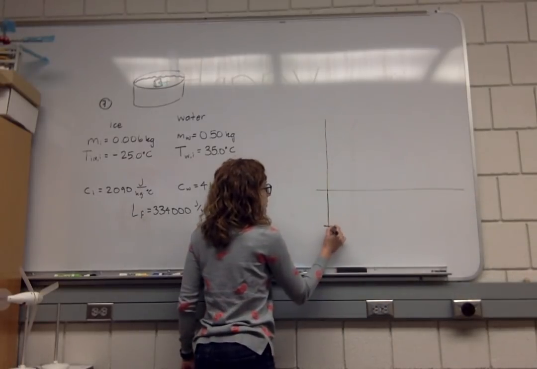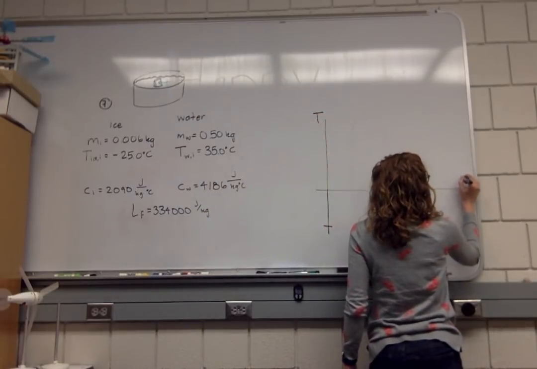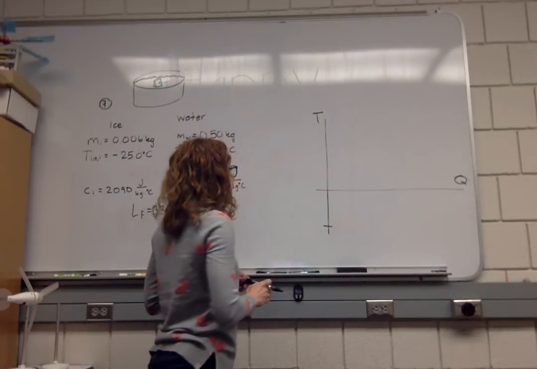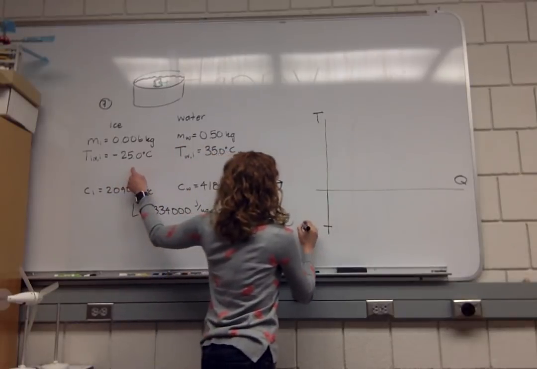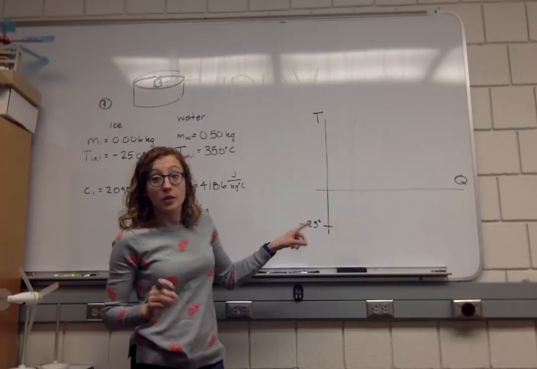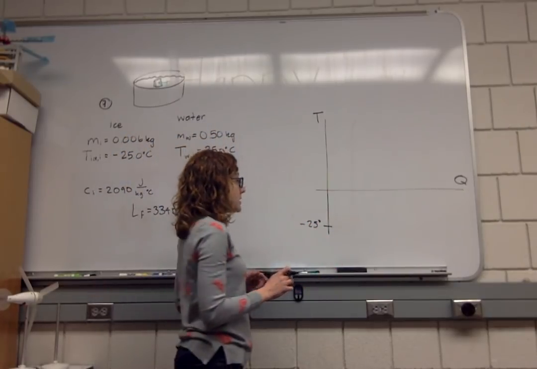All right. I'm going to put temperature here on my vertical axis and the energy that I'm inputting thermally on my horizontal axis. And so let's watch what happens. So this ice is starting at negative 25 degrees Celsius. That's well below its freezing point. So it's really, really frozen. It's solid ice at this stage.